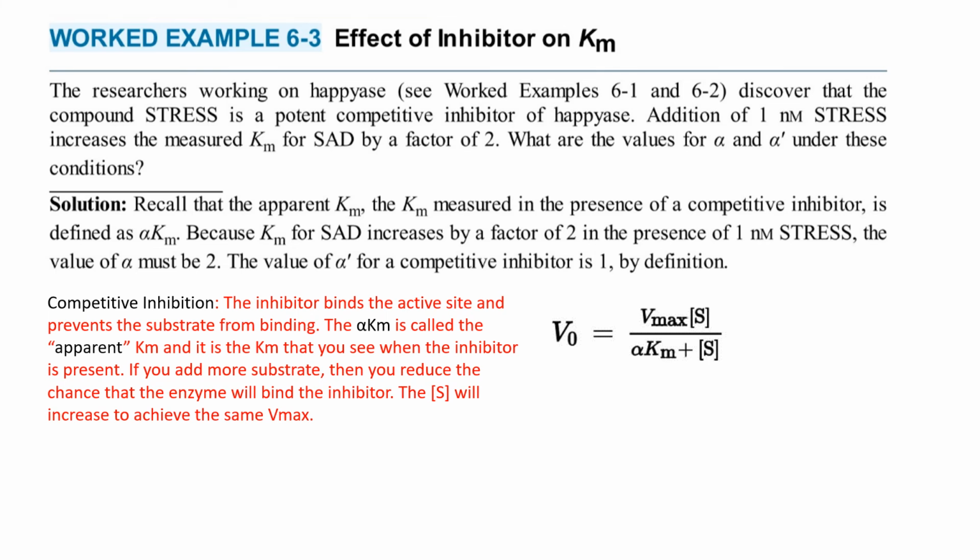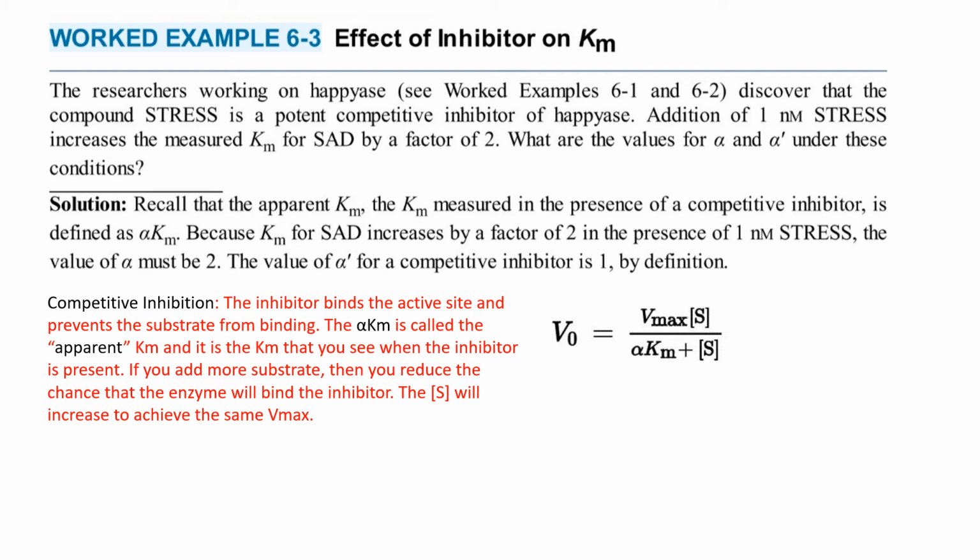So the solution, recall that the apparent Km, actually let's review the competitive inhibition. The inhibitor binds the active site and prevents the substrate from binding. The alpha Km is called the apparent Km, and it is the Km that you see when the inhibitor is present.